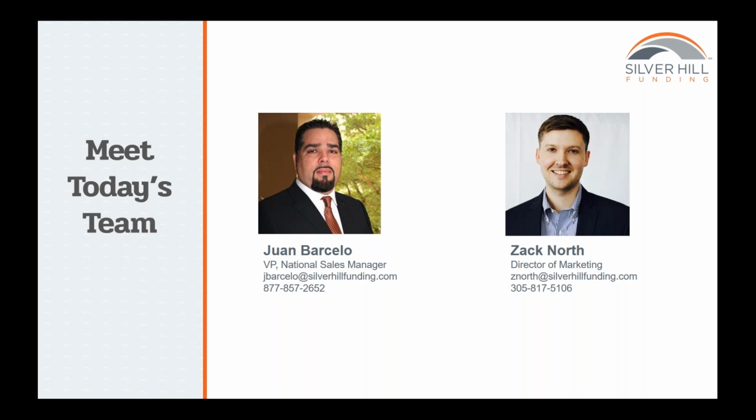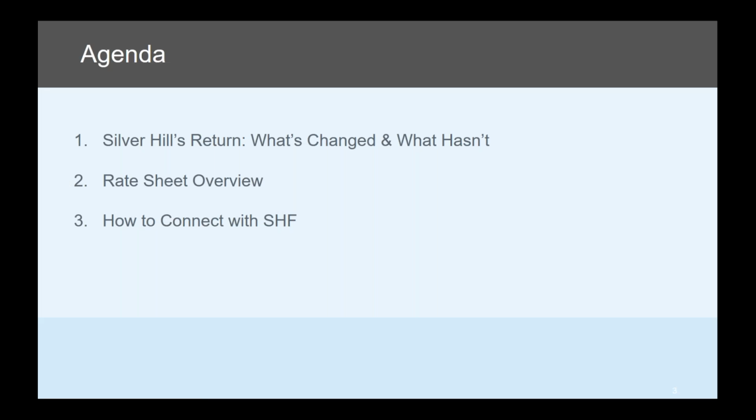So let's get started. Like Zach said, we're going to start looking at our rate sheet, and really what we're going to do is talk about what's changed. How's our product different? How is it the same? Looking at the rate sheet in detail, so that everybody can understand our adjustments, given LTV, given credit scores, and like that, get a better understanding of where you can be as far as pricing your loans out.